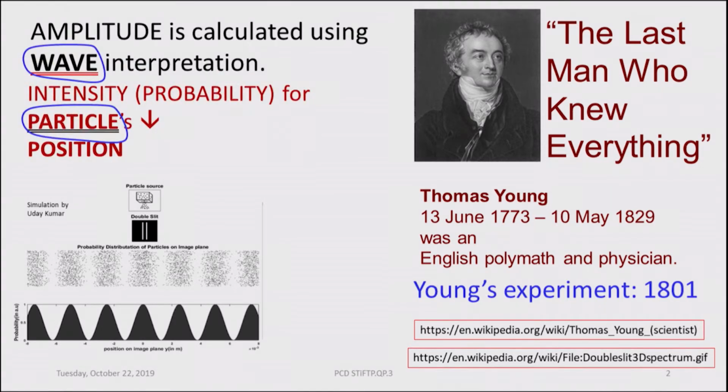Now what is interesting is that you account for this interference pattern in the traditional explanation of the Young's double slit experiment by invoking the wave description, and then the intensity itself, which is a measure of the probability. It gives you information about where the particles are likely to arrive.